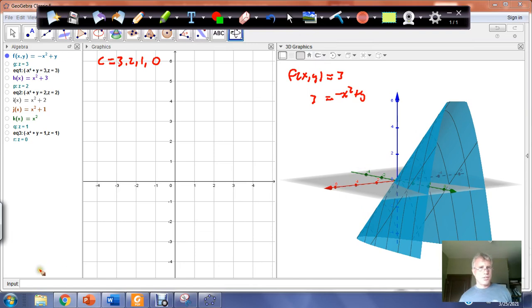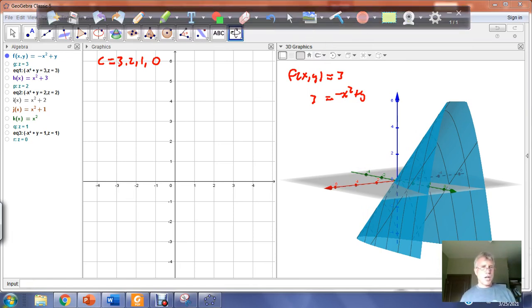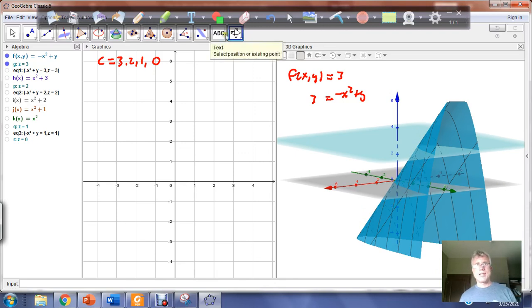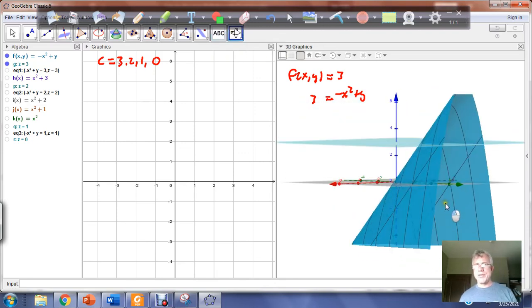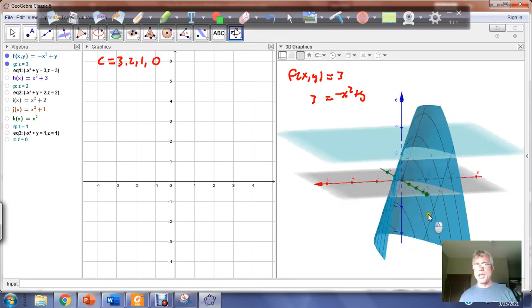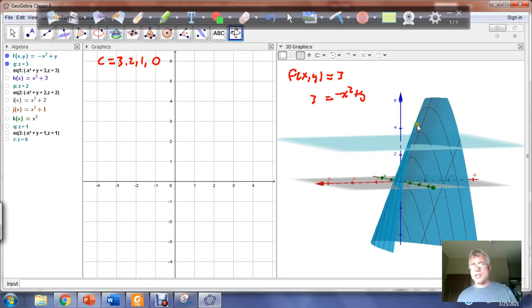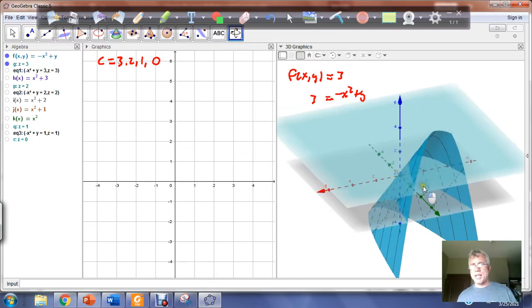So if I step down into my input bar, I can type in z equals 3, and if I do that right here, I get a plane at a height of 3 units above the xy plane. This is the plane z equals 3. And what we want to do is intersect the surface with the plane z equals 3.